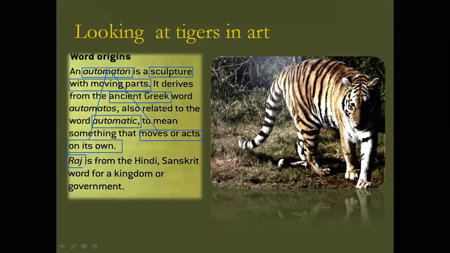Do you remember? So in the Indian Hindu religion, Raj is a goddess. Okay, that means it's a kingdom or government. That's what it means. Kingdom or government. Okay, let's look at the next one.